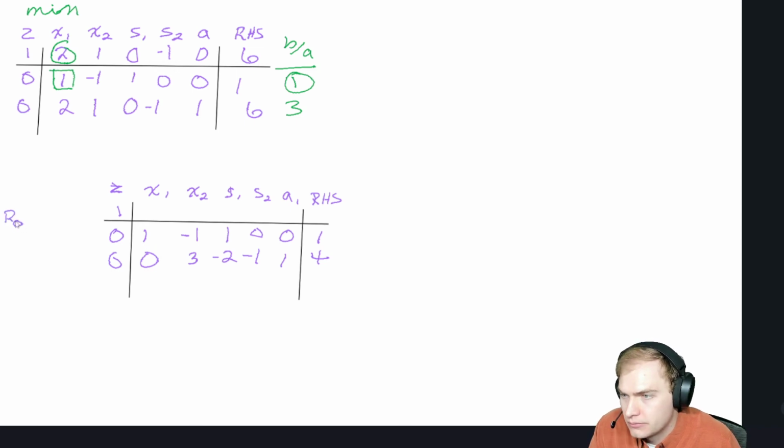So row 0 prime is row 0 minus twice row 1. 0 is 0. 1 plus 2 is 3. 0 minus 2 is negative 2.